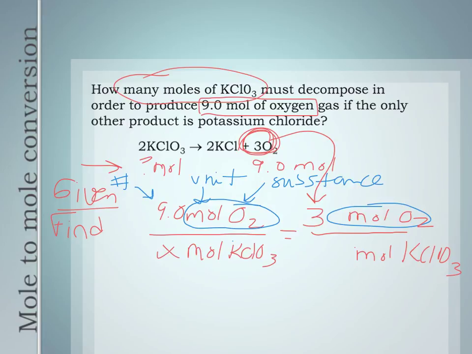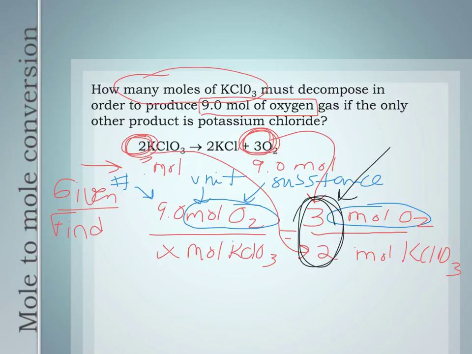I look for KClO3 in the equation. It has a 2 in front, so I'm going to put a 2 in front of moles of KClO3. These values, and you want to make a note, come from the balanced equation.